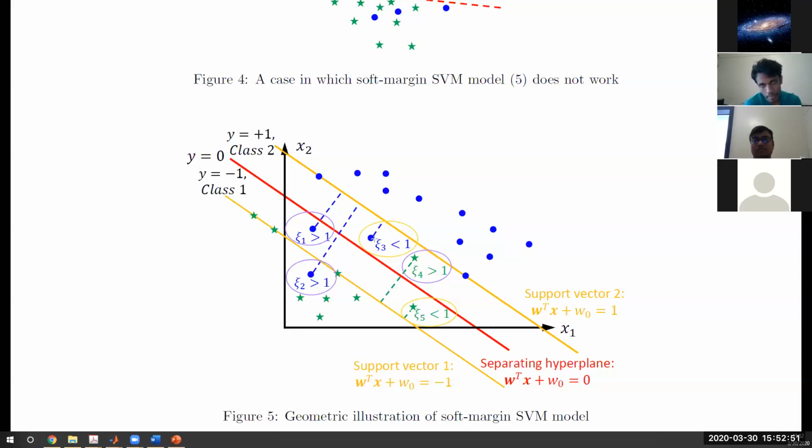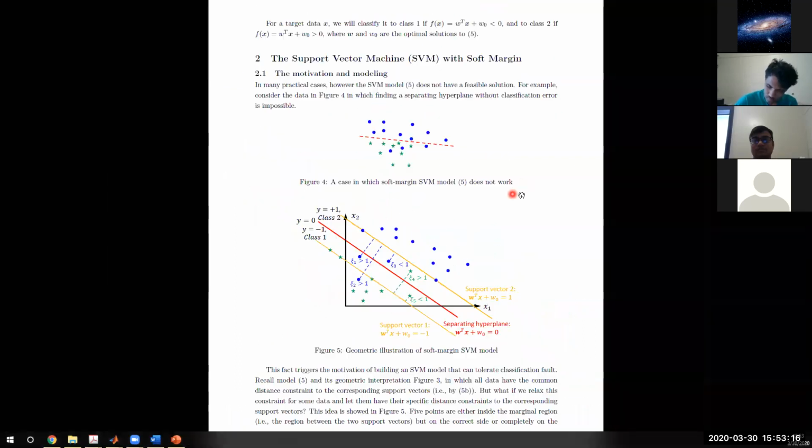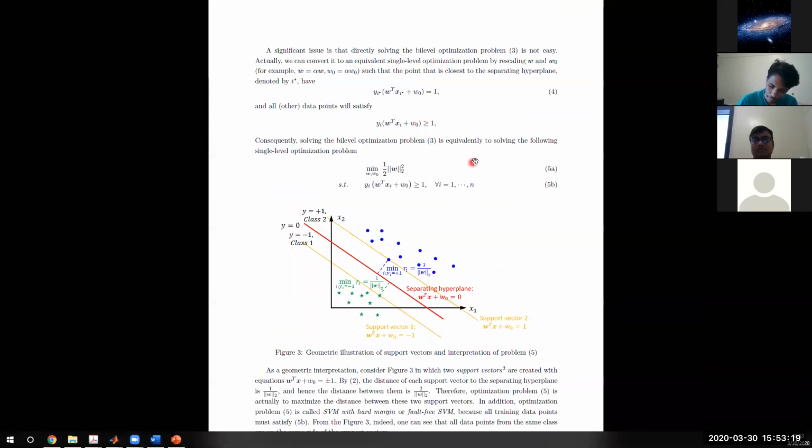But clearly the distance here is less than 1. Why? Because this distance is 1, and you are inside. This is called the margin region. Although you are on the correct side, you are in the margin region. So you are going to violate this constraint. See it?